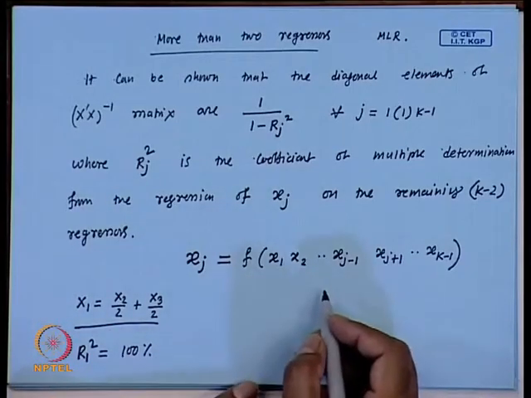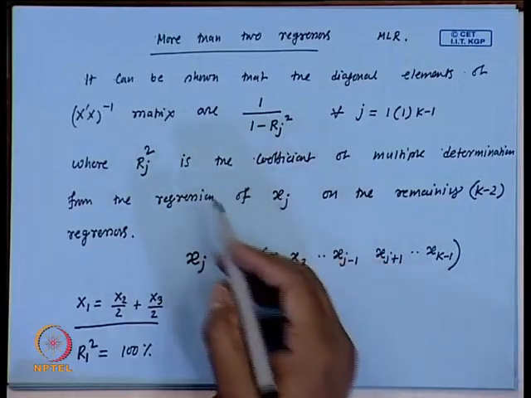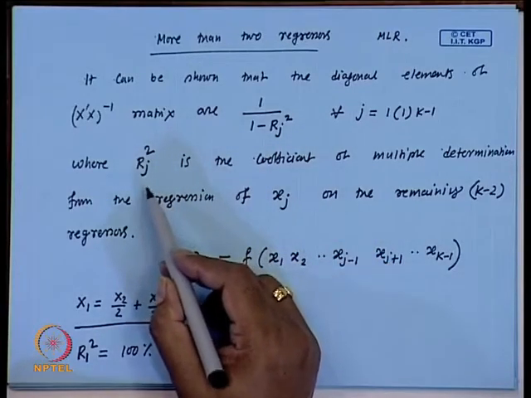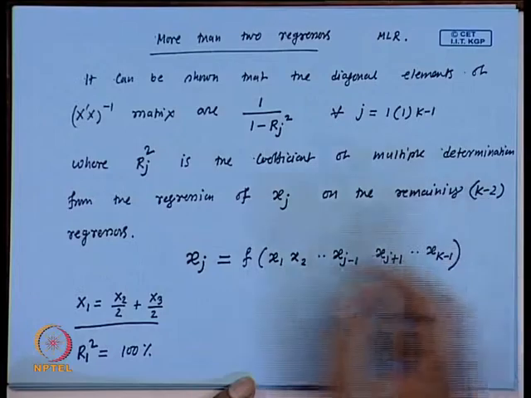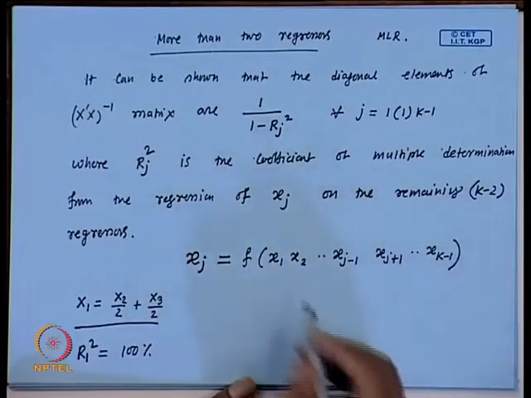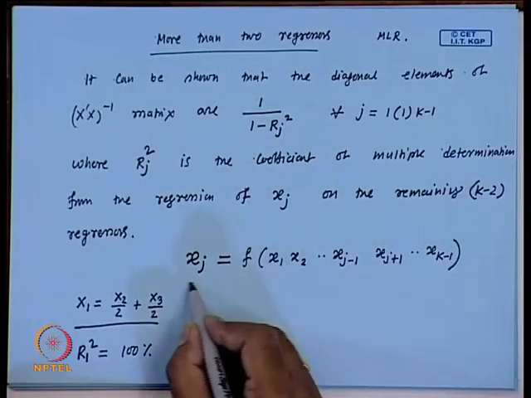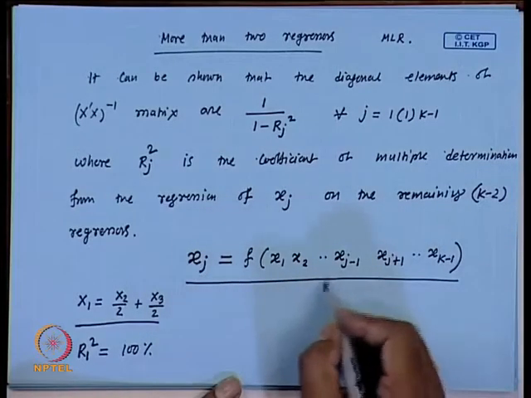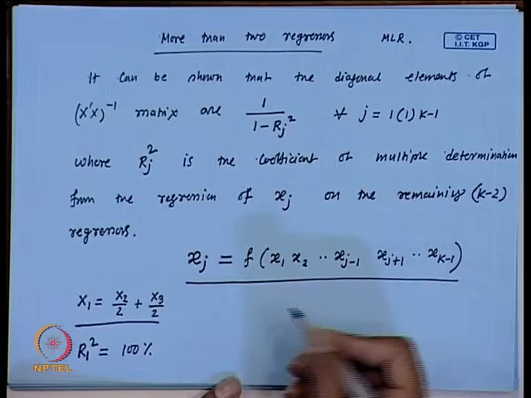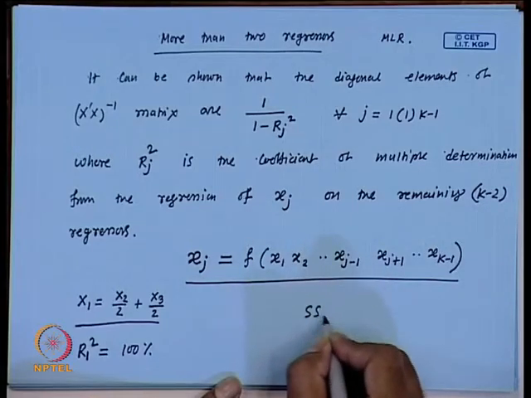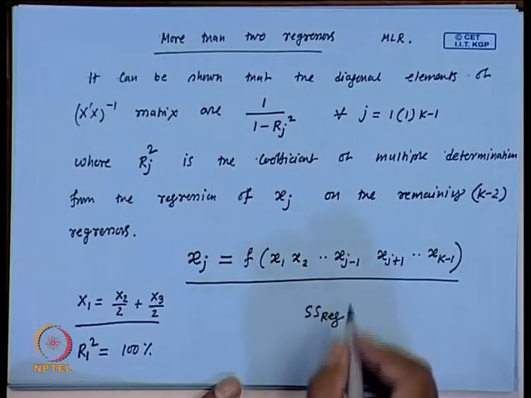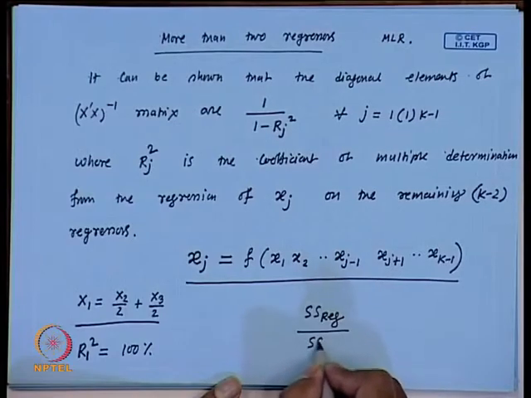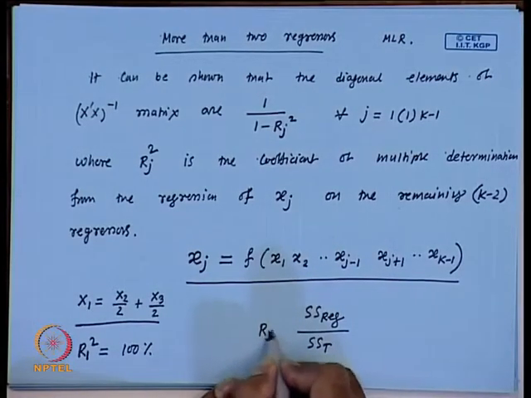So, now I hope you understood what Rj square is. Rj square is the coefficient of multiple determination for this regression model. You fit the model, you express Xj in terms of the remaining regressors, then you compute SS regression for this model, you compute SS total, and you will get Rj square.